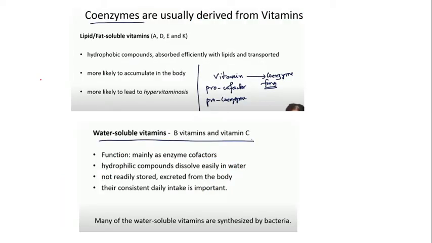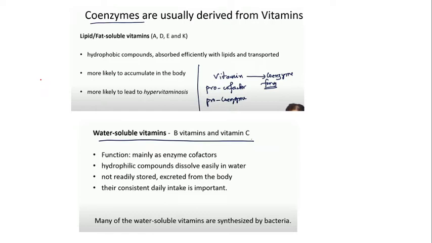So, let's see. Coenzymes are usually derived from vitamins. So, there are A, D, E, and K. These are lipid or fat soluble vitamins.